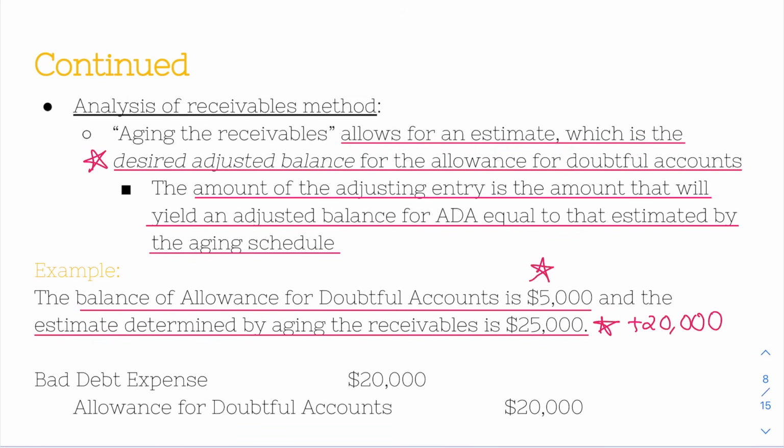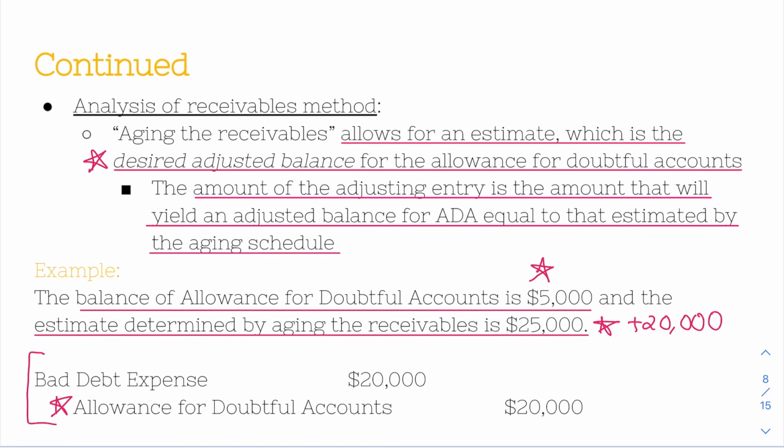So in this case, you say, okay, there's already $5,000 in the account. I want it to be $25,000. I need to increase it by $20,000. So your adjusting entry in this case is going to be debit bad debt expense for $20,000 and credit allowance for doubtful accounts for $20,000. So whereas before we were estimating bad debt expense and then allowance for doubtful accounts followed, now we are estimating allowance for doubtful accounts.